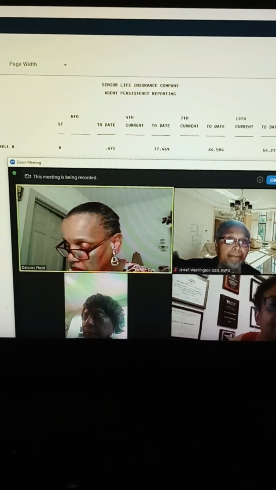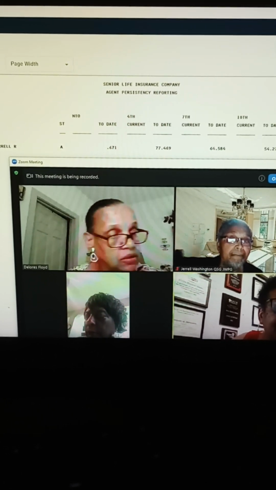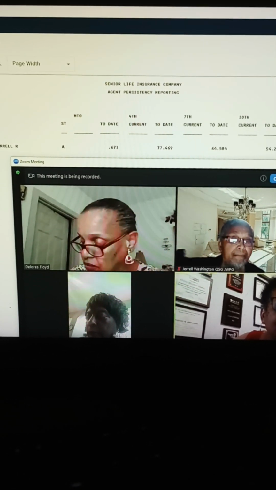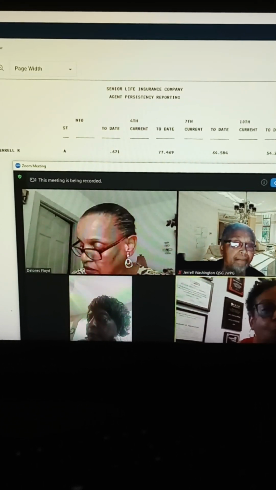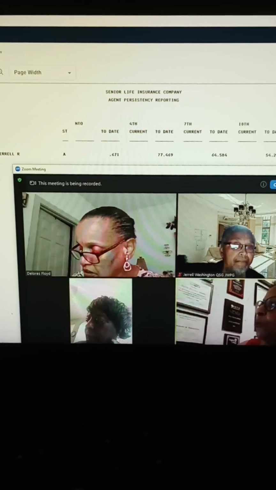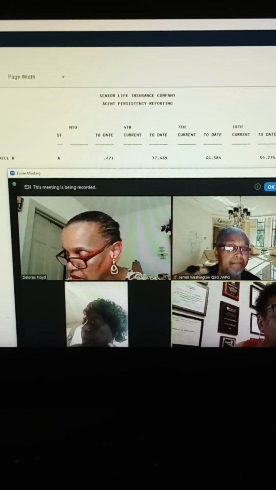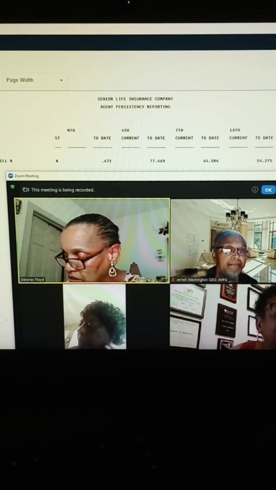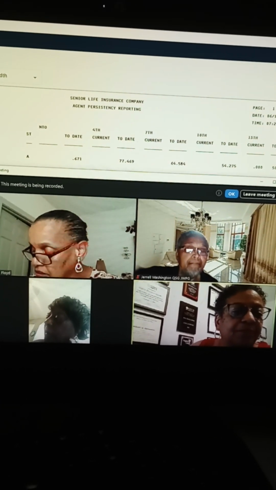Meaning if you wrote 4 policies or 10 policies 4 months ago, that number represents the percentage of business that you wrote 4 months ago that is still on the books.